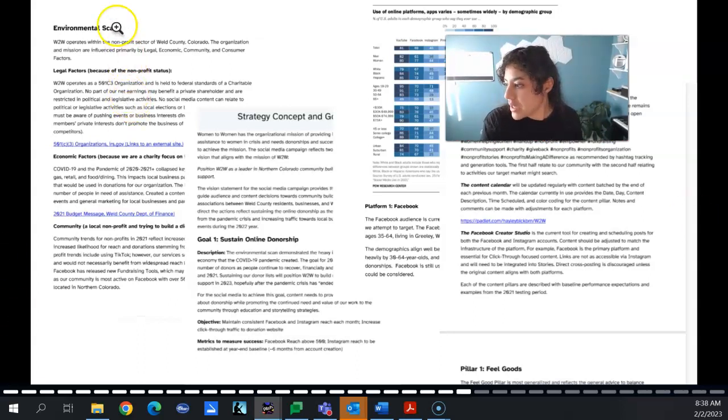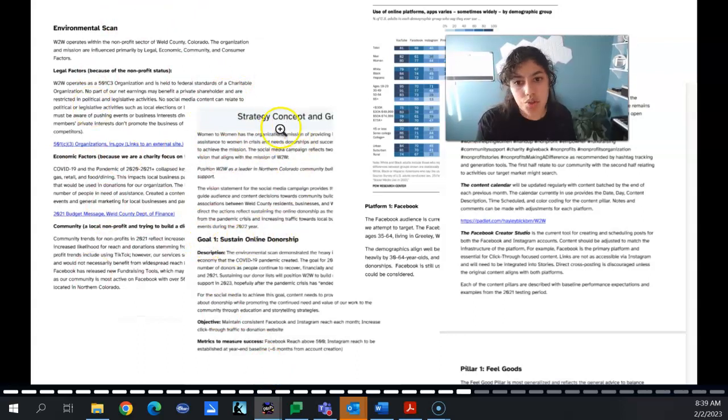And so we start with things like the environmental scan. First I had an introduction, background, here's the company, here's what we've been up to. And then we jump into more specific sections like the environmental scan, breaking down legal factors we have to consider in our plan, economic factors, community factors, strengths, weaknesses, all of that written out in several pages.